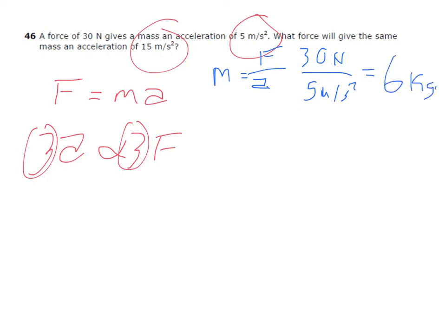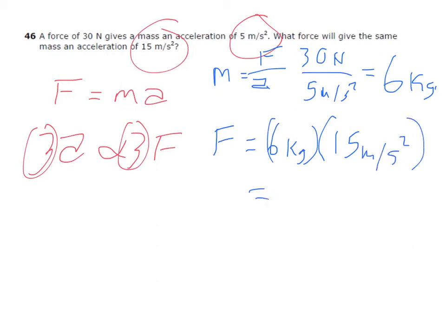You could then calculate the force required to accelerate 6 kilograms of mass by 15 meters per second squared, and you would end up with a force of 6 times 15, which is 90 newtons.